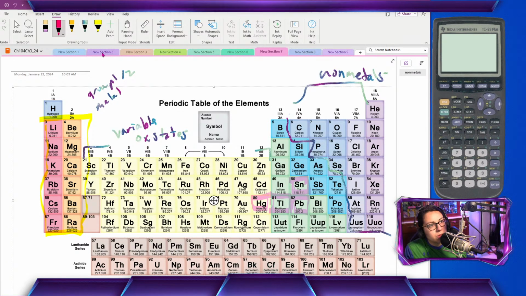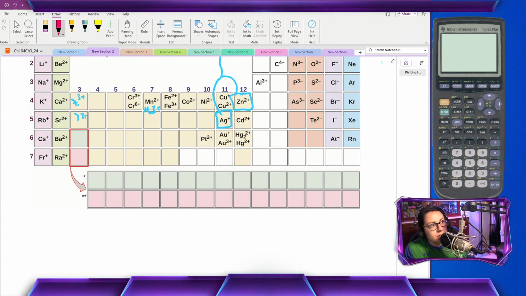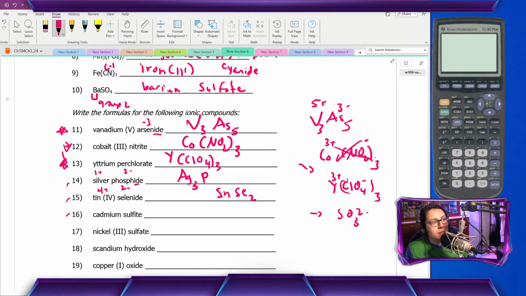So that's probably the 2 plus oxidation state. Yep, 2 plus there. So that helps us. And so that's already balanced in a 1-to-1 ratio. So now it's just cadmium, so CdSO3. All right. Any questions about that?